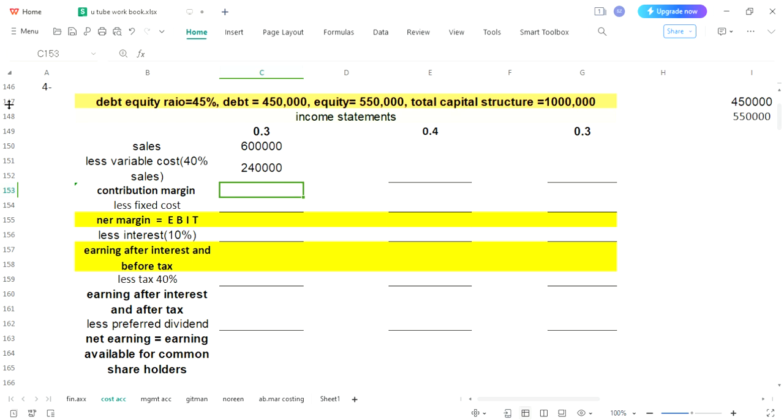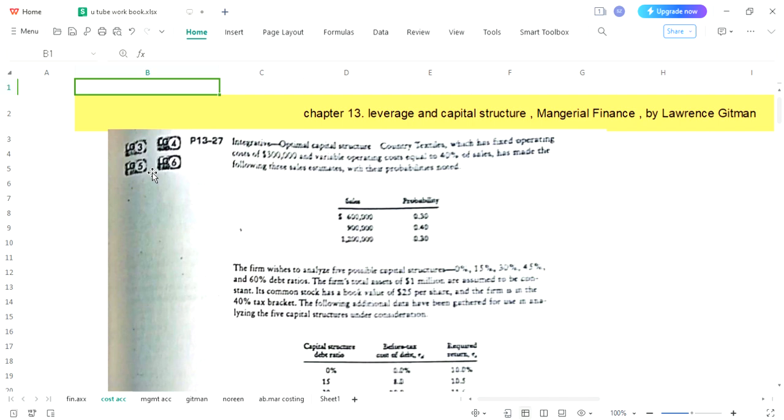Contribution margin is open to be calculated, and for this you will subtract your variable cost from sales. Amount of sales 6 lakh, you will subtract your variable cost of 240,000. So we have got our contribution margin. For fixed cost, it has been discussed that 3 lakh is your fixed cost.